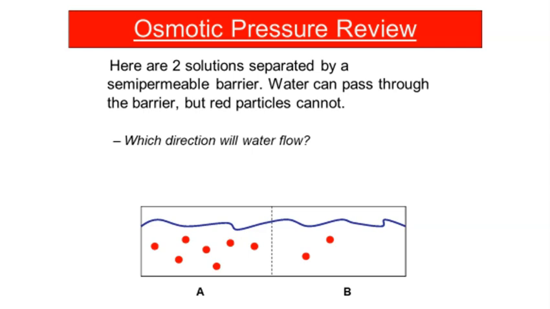So in this diagram, the red particles will represent albumin, since albumin is a protein that is both hydrophilic, that is, it is able to be dissolved in water, but it's also a very large protein, so it has a difficult time moving across the plasma membrane. So also recall in general that anything that's dissolved in water takes up space that would otherwise be occupied by water.